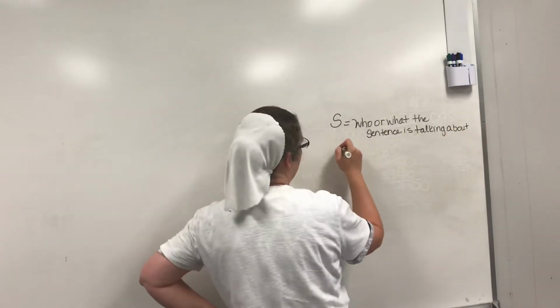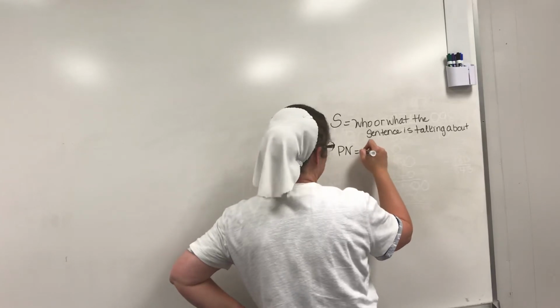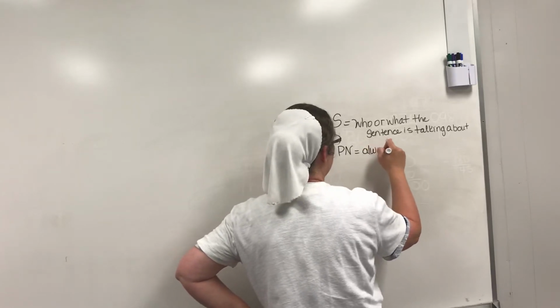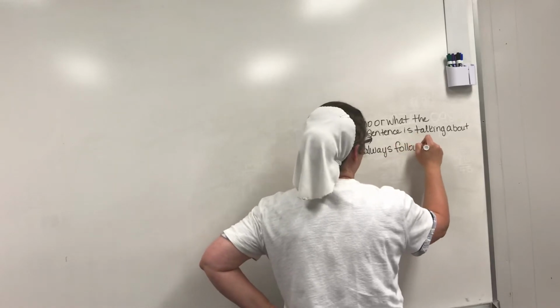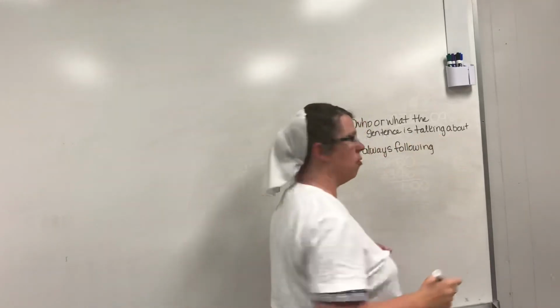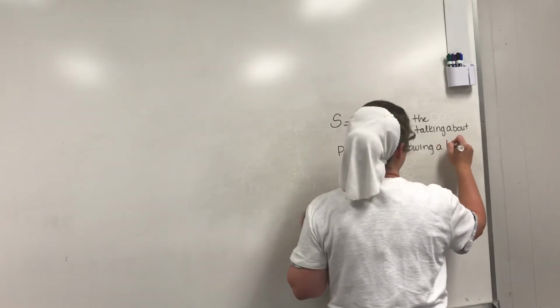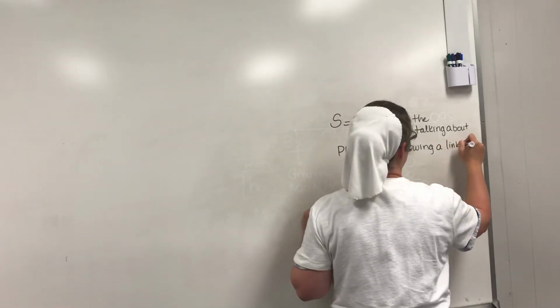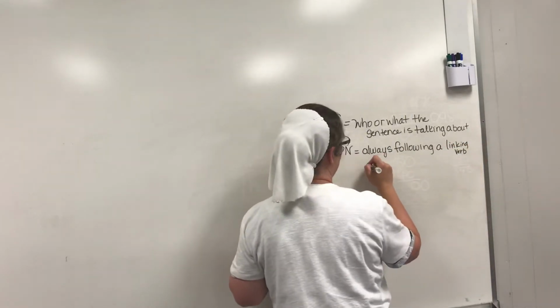All right, then we have a predicate nominative. It always follows a linking verb, okay? Remember, you will never have a predicate nominative following an action verb. It always follows a linking verb, and it renames the subject.